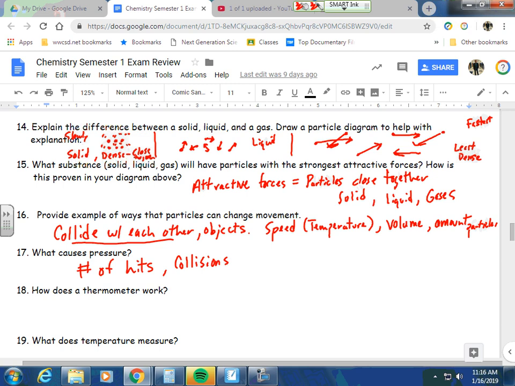A thermometer works on two concepts, so we have to think about energy transfer and thermal expansion.